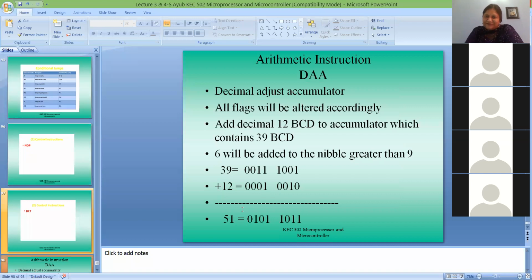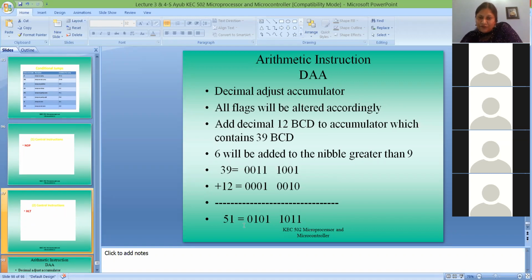Now, last time we have seen arithmetic instructions, but one instruction was remaining, that is DAA, which is called decimal adjust accumulator. What is decimal adjust accumulator doing? Whatever data we take into the accumulator is always considered as binary or hexadecimal data.